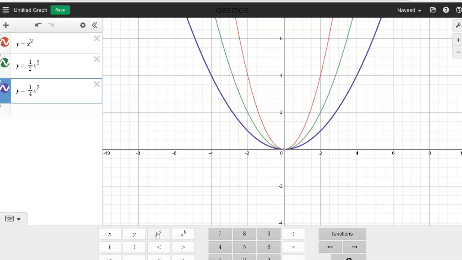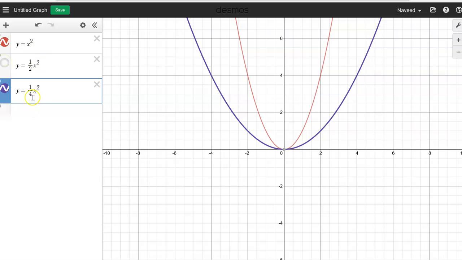The value of y becomes the multiple of that a, so the value of y becomes smaller by that factor. Let's compare x squared and the quarter x squared. The vertex does not change, because we're not adding any p or q value here.